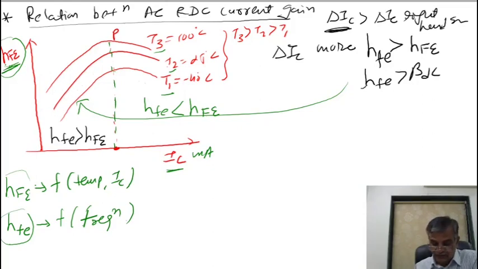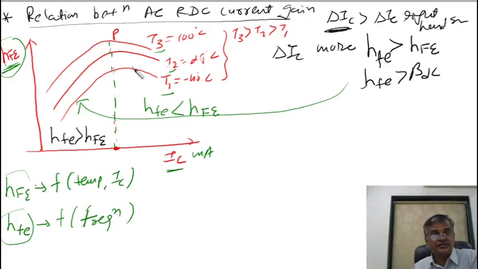From this graph we are making a conclusion. This is the experimental result: from the experimental result you have plotted the graph of hFE versus IC for different temperatures. First conclusion is this. Second conclusion: on this side AC current gain is more than the DC current gain, and here AC current gain is less than the DC current gain. The reason is the variation in collector current is less.